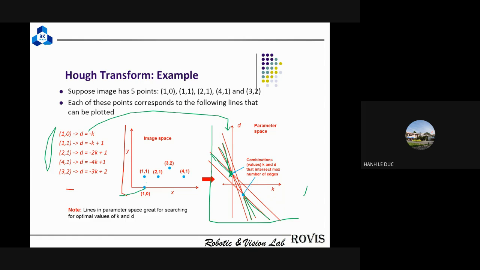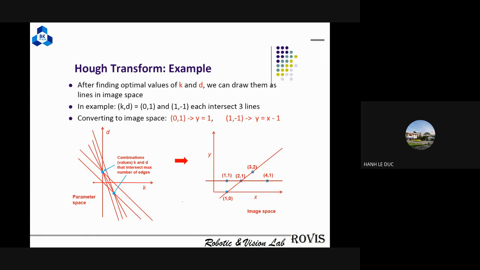So how do we calculate the point here? Let's see. For example, we have the image like this, and this one intersects at the number. This one is d equal to 1 and k will equal 0.